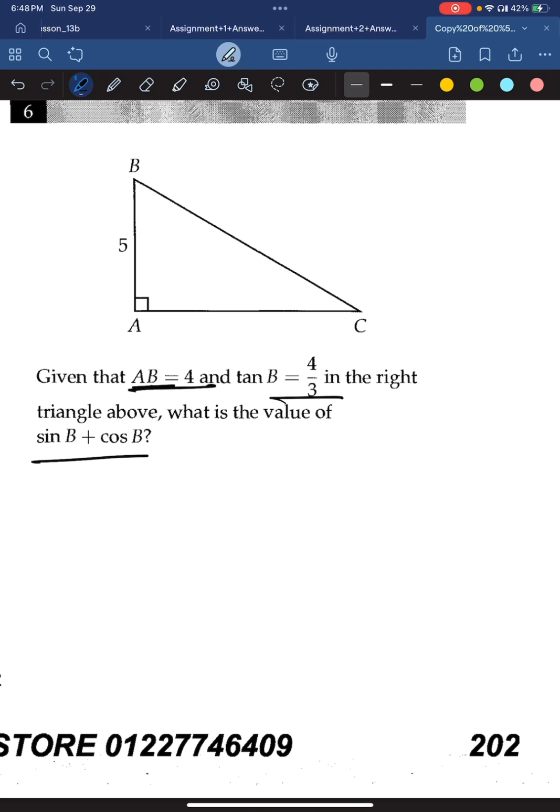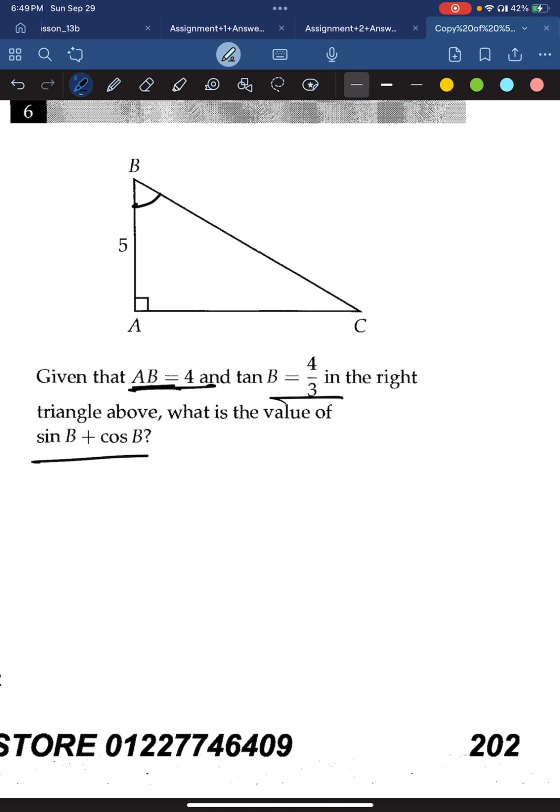So AB is equal to 4. Weird. It's given as 5 here, and it's given as 4 here. Maybe it's a printing mistake or something else. Okay, so it's given as tan of B is equal to, the ratio is given, 4 over 5.